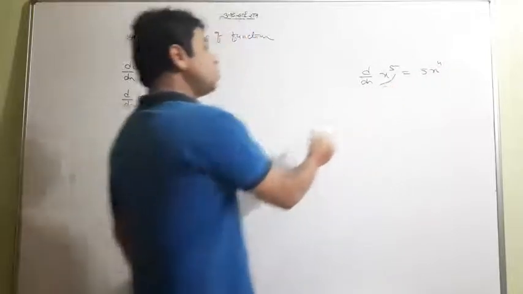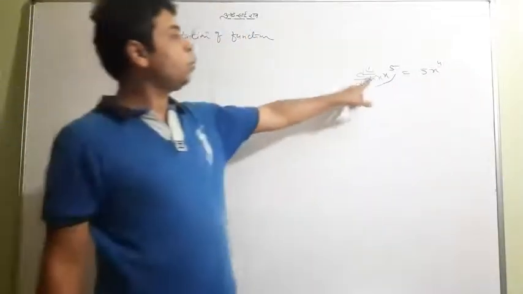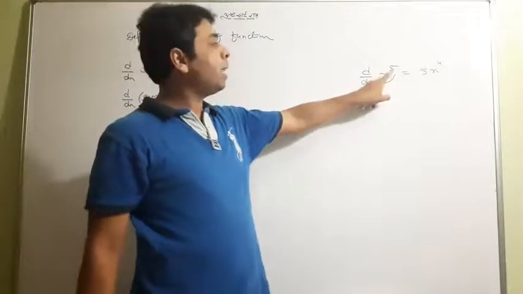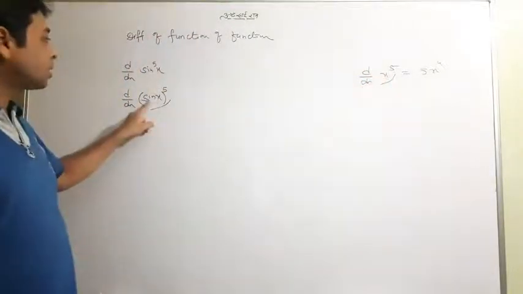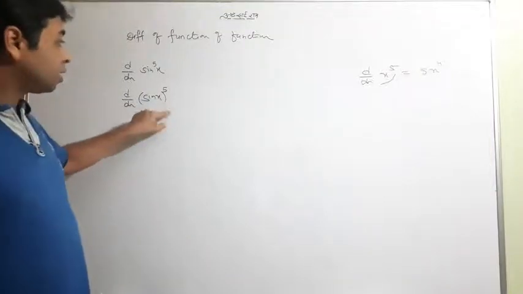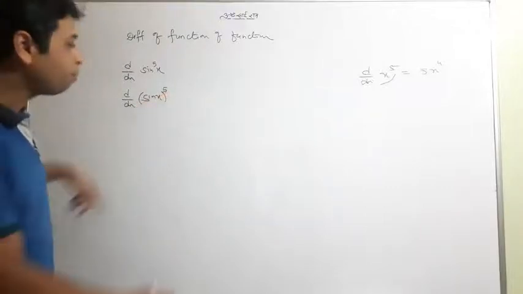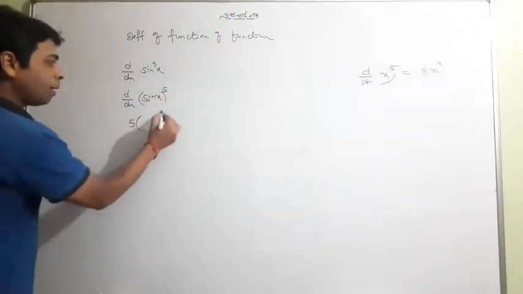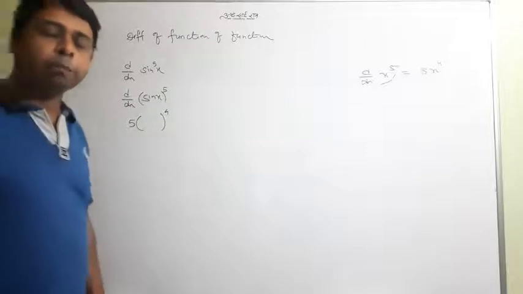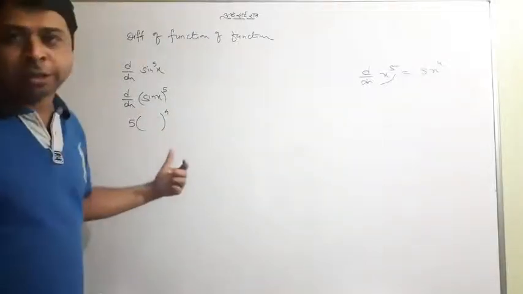But look at these two questions, you will feel that it is a function of function. Why? Because it was x to the power 5 and instead of x, it is sin x. And if you are thinking that I taught you that the power 5 comes in front and 1 is reduced from the power, that is an answer, but it is not a sufficient answer.